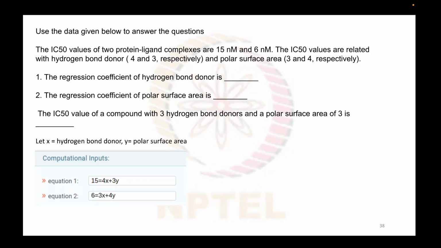Try to build the equations like this. For the first complex, the IC50 value of 15 nanomolar is related to 4 hydrogen bond donors with regression coefficient x, plus polar surface area of 3 with regression coefficient y. This is how two equations are generated.